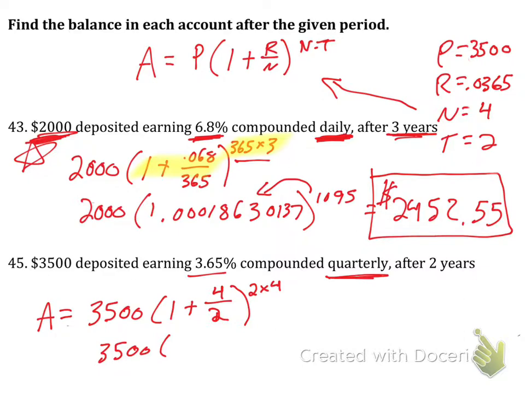And then plus 1, so that'd be 3. Then 2 times 4 is 8. So from here, you could just plug that in your calculator, but what I could also do is 3 to the 8th power, which is equal to 6,561. So that'd be 3,500 times 6,561.